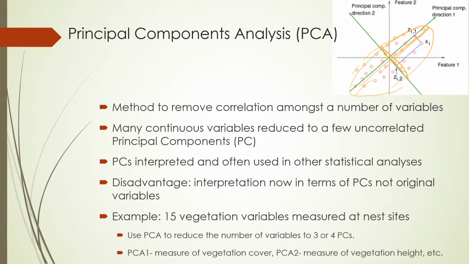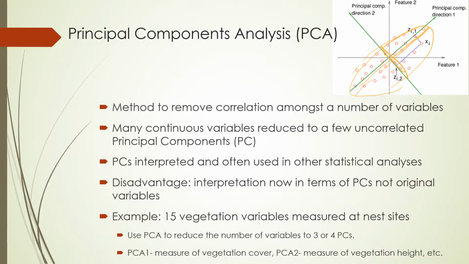So rather than looking at each of those variables individually, you would run a principal components analysis, and you can see in the figure in the top right, you might find that grass height and shrub height and forb height are correlated with one another. Areas that have taller shrubs have taller grasses.